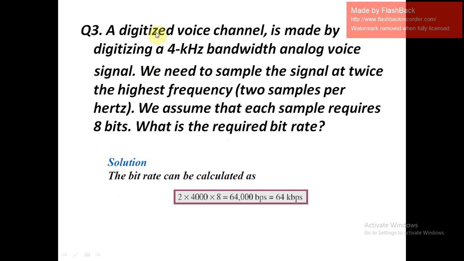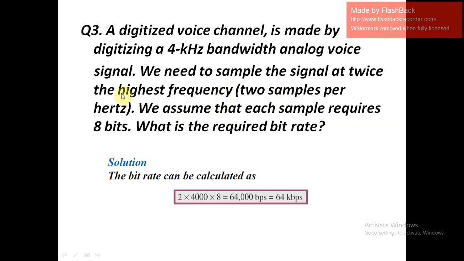This is another example. You have a digitized voice signal with a bandwidth of 4 kilohertz, and you need to transmit the digitized voice. What is the bit rate? When we do analog to digital transmission, the first stage is sampling, and we use the Nyquist sampling theorem: the sampling frequency is at least twice the highest frequency present in the signal.